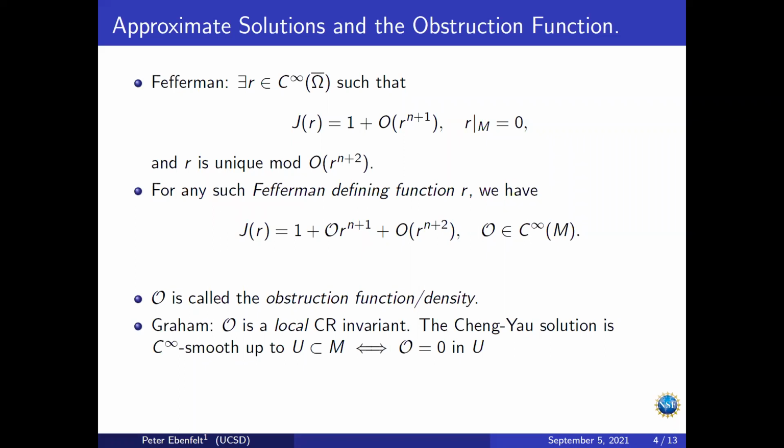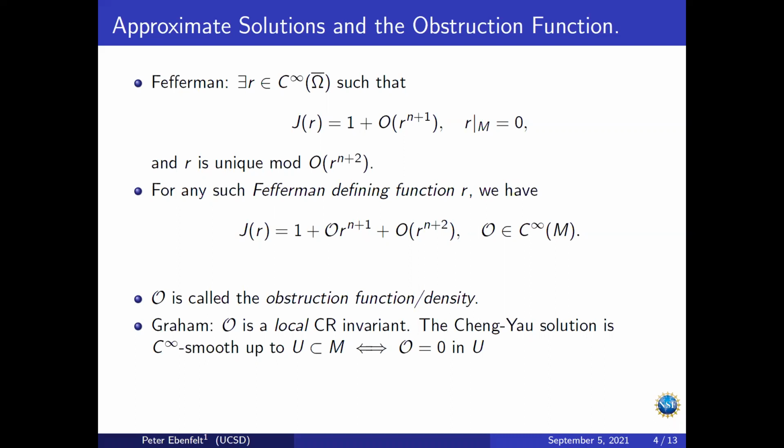Also, he showed further interesting properties, namely, even though the obstruction function obstructs the smoothness up to the boundary just to the next order in some sense, there is potentially another log term appearing at a higher order.